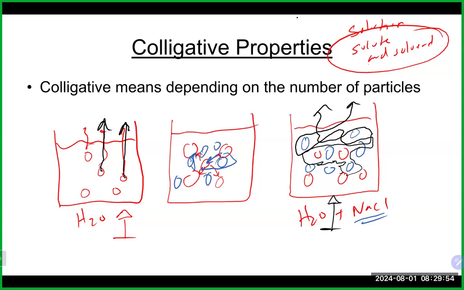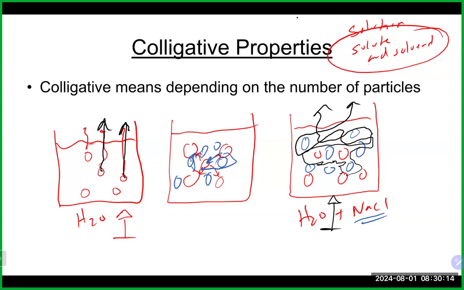So when you make solutions and dissolve solute in a solvent, it will change things like the vapor pressure of a solution. It will also change the boiling points or the freezing points of a solution. And the effect is determined by the number of particles there are.